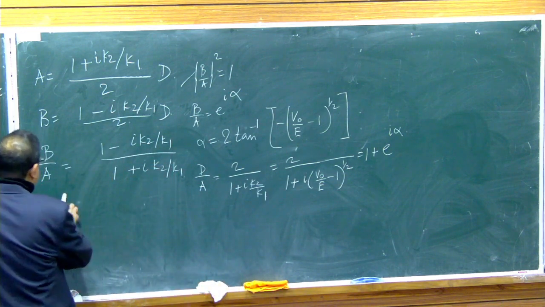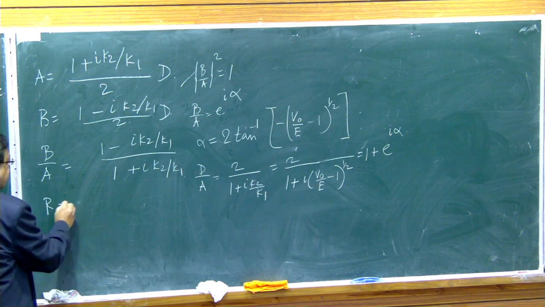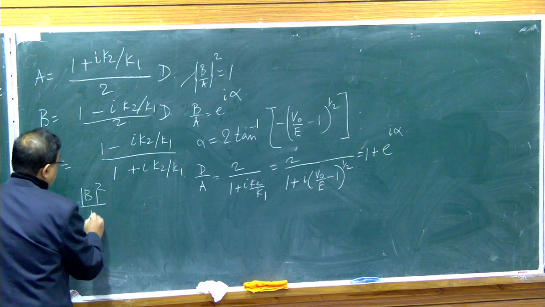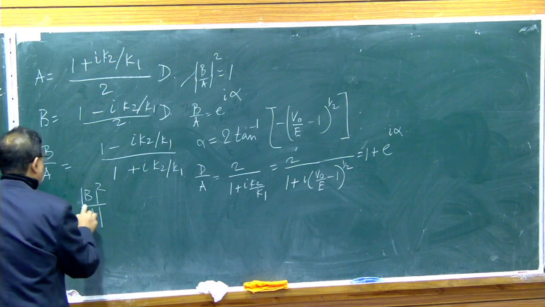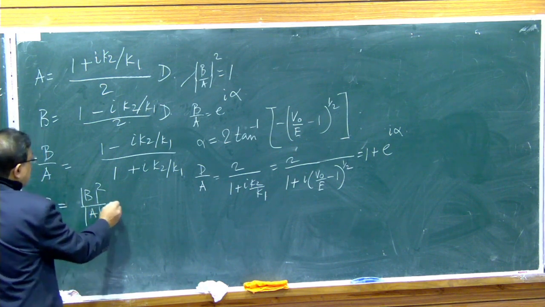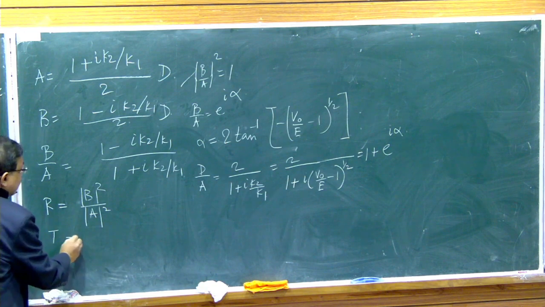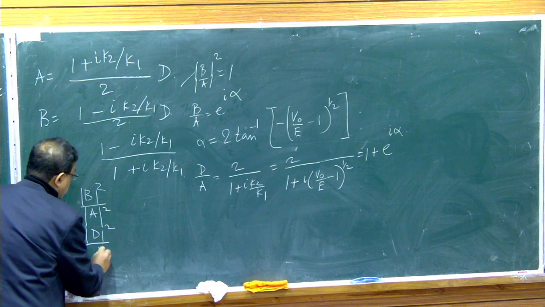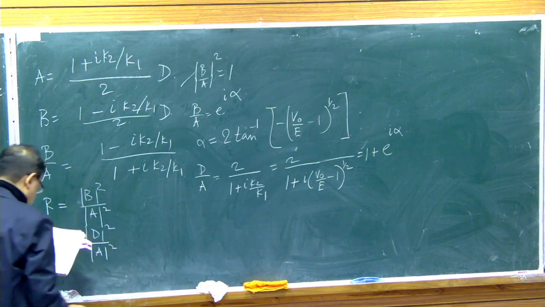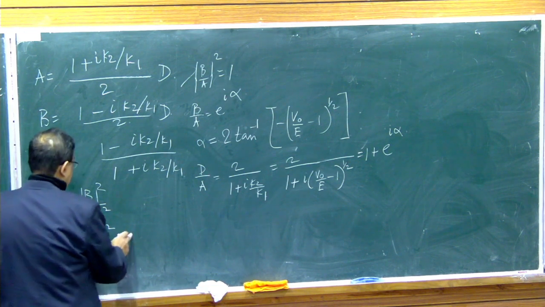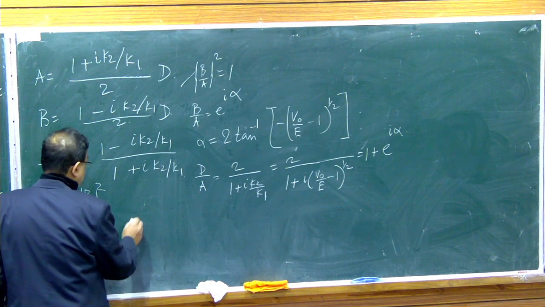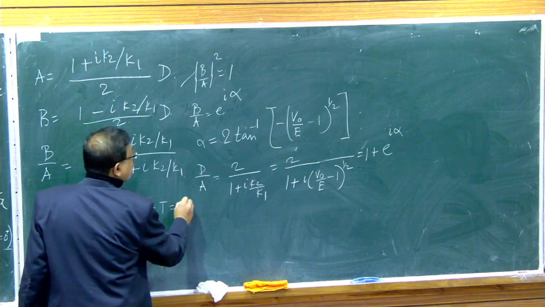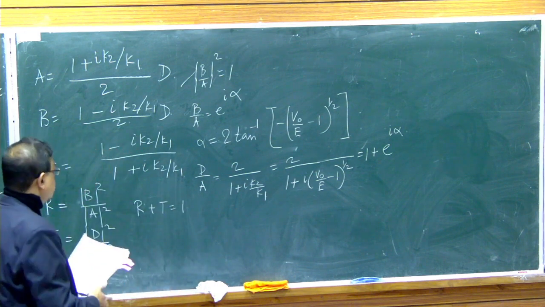Now we can define the reflection coefficient, which is equal to mod B squared by mod A squared, or mod B by A squared basically. And the transmission coefficient is mod D squared by mod A squared, and so on. So R plus T, you can check that this is equal to 1, because of this.